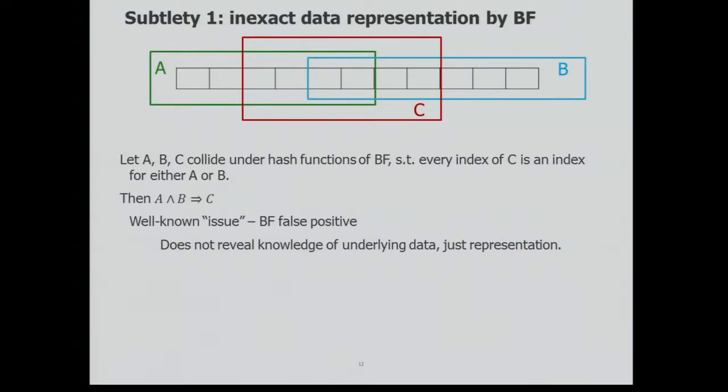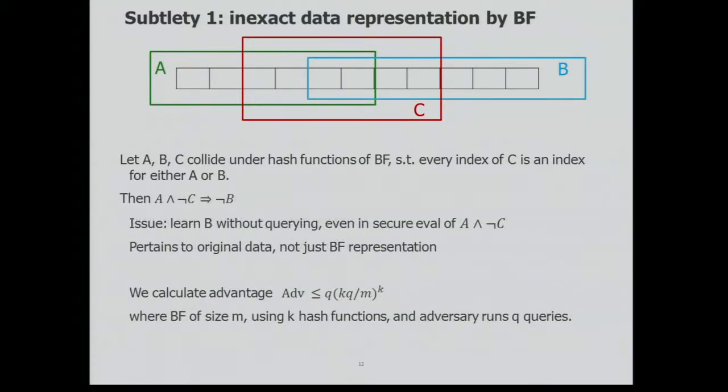But if you look at the same thing from a different angle, at least for me it was new, and I didn't realize it. For the same A and B and C, if you know that A is there, and you know that C is not there, then without querying for B, you would know that B is not there. And this relates to the original data.